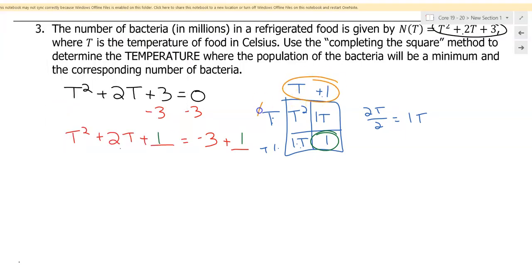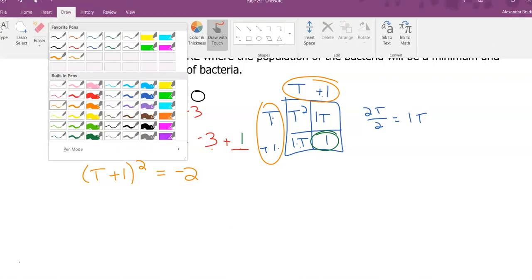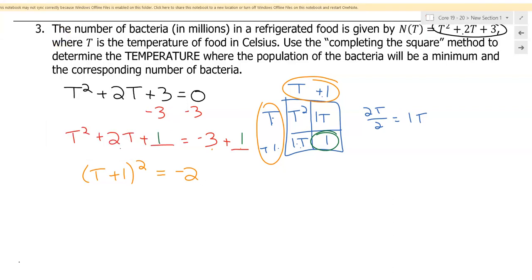Then there are two t plus 1s, so that means I have (t plus 1) squared, and then negative 3 plus 1 is negative 2. And then we have to get it back to equals 0, so we're going to add 2.